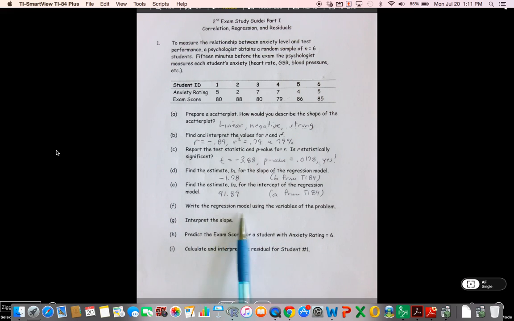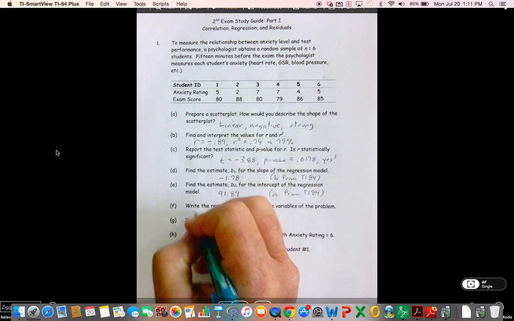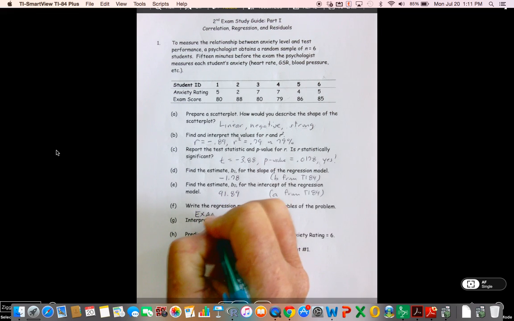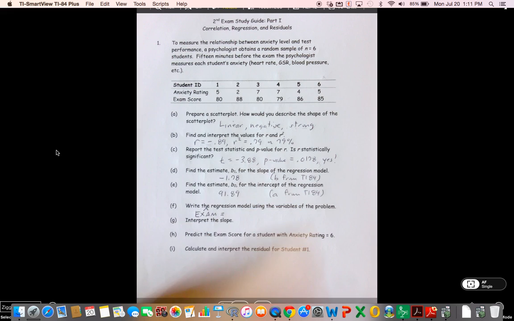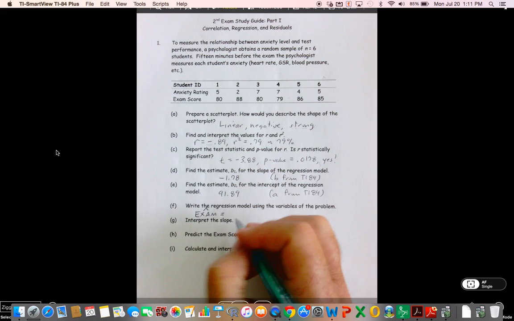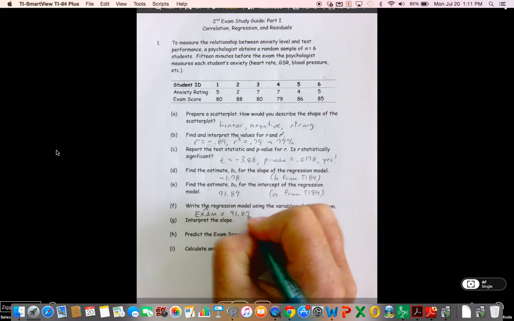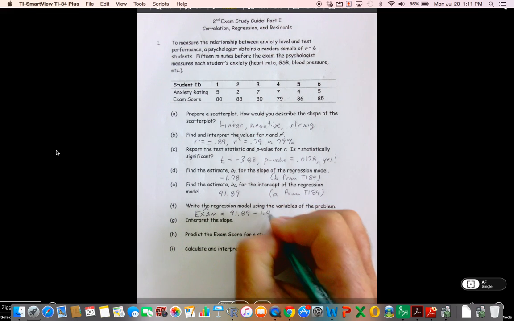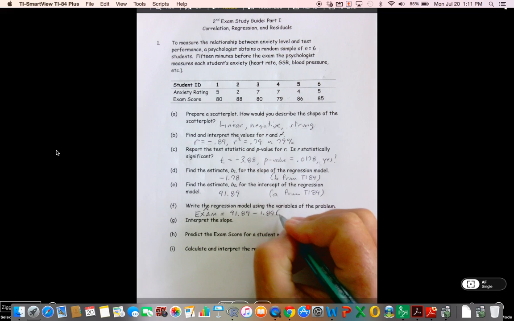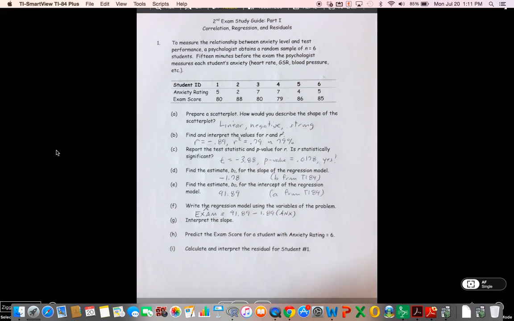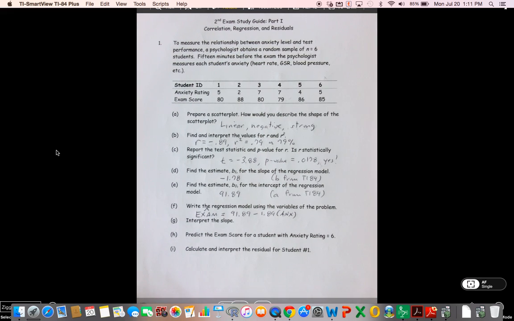So write the regression model using the variables of the problem. Well, we are predicting exam score, so we put a caret or a hat above it. And we have 91.89 minus 1.89 times the anxiety rating. Keep in mind, let me write this down here at the bottom.